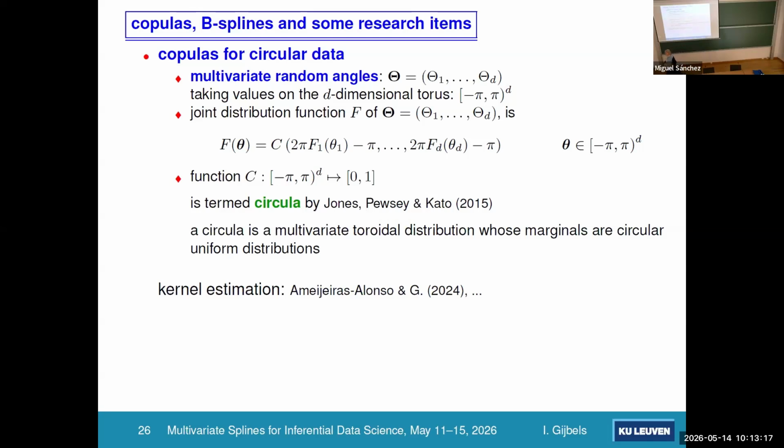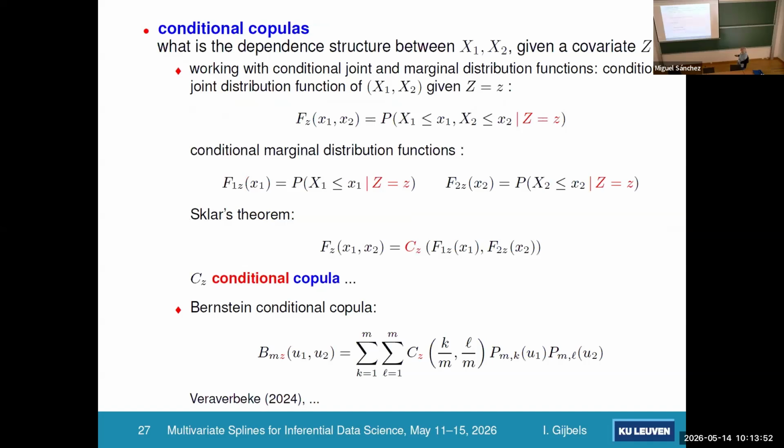It's again a multivariate distribution function, but now for angular data with uniform circular distributions, right? They have a name in the literature. Since this paper, they are called circulas. And actually, I contributed to that by doing some kernel estimation. I didn't do any B-splines, but now with Niba's ideas, maybe you can do some kind of B-splines there. That's one thing I want to mention.